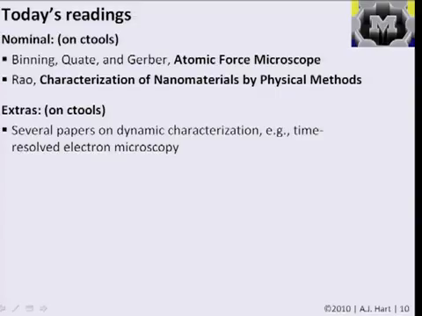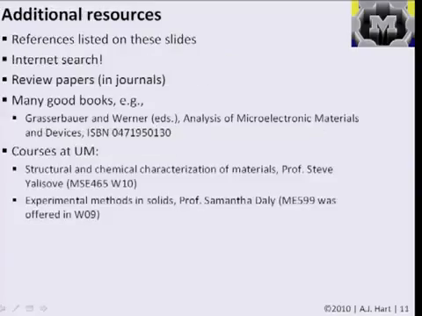So using, for example, very fast pulses of X-rays or light or electrons to characterize transport, and take pictures and do things like watch electrons or watch photons move through materials, and or take three-dimensional images of very small volumes. And some of the extra papers talk about that. But I leave that more so just based on your interest.